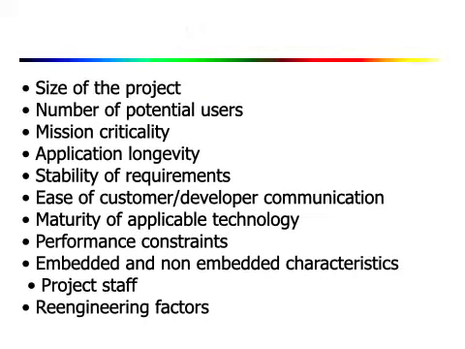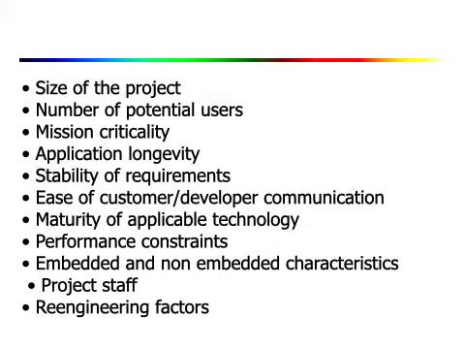They are the size of the project, number of potential users, mission criticality, application longevity, stability of requirements, ease of customer or developer communication, maturity of applicable technology, performance constraints, embedded and non-embedded characteristics, project staff, re-engineering factors.